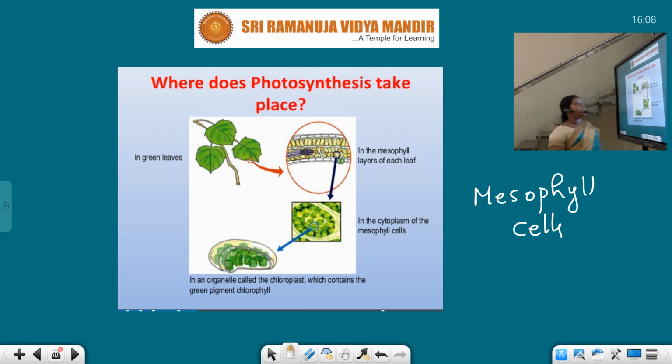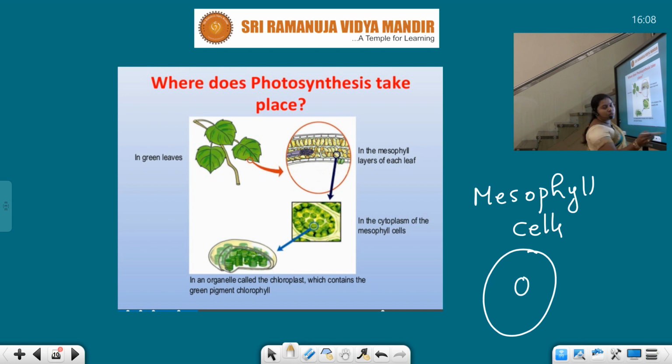In the mesophyll cell, for example this is the cell, at the center will be the nucleus, and here they have the chloroplast. Chloroplast is one of the special cell organelles present in the mesophyll cells of the leaf. This chloroplast has a pigment known as chlorophyll.